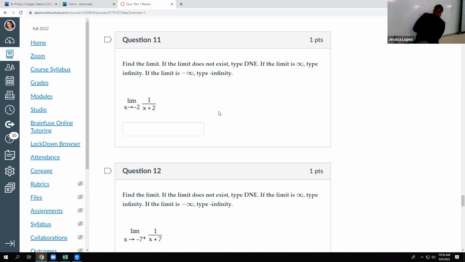Whereas the other way around, if your denominator is going to 0, what's going to happen to the fraction? Now I'm going in the other direction. What do you get when you do this? You get 2. What do you get when you do this?